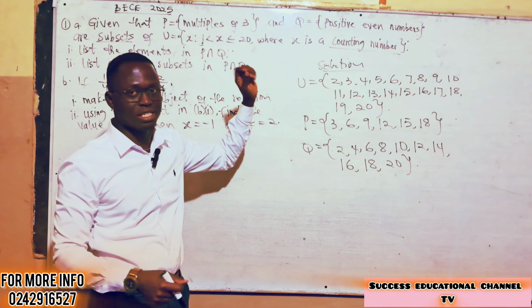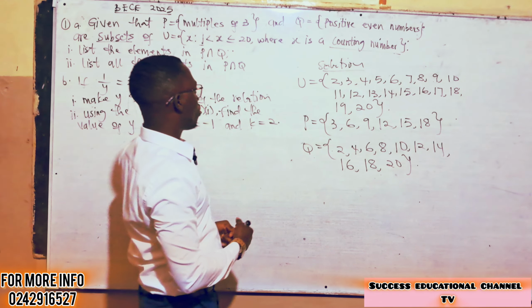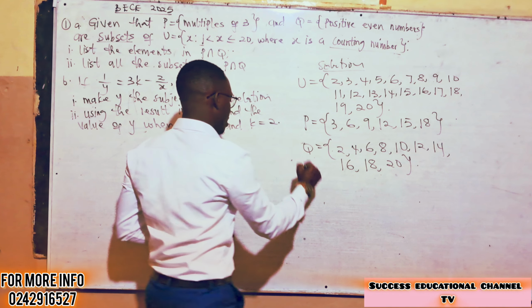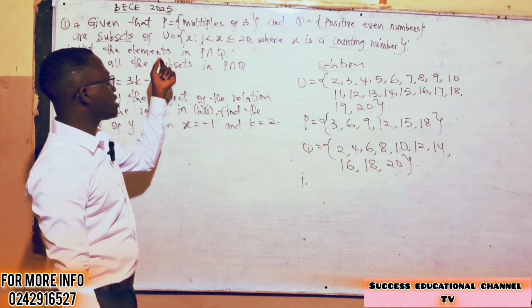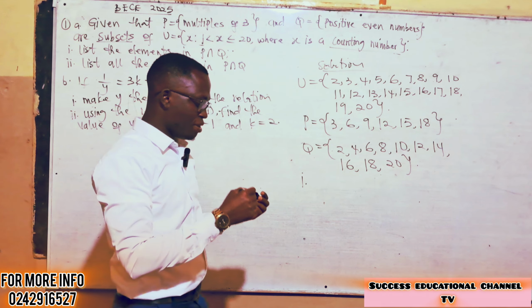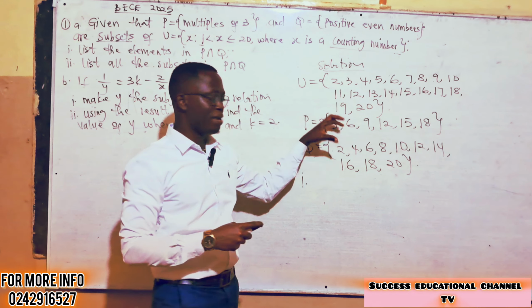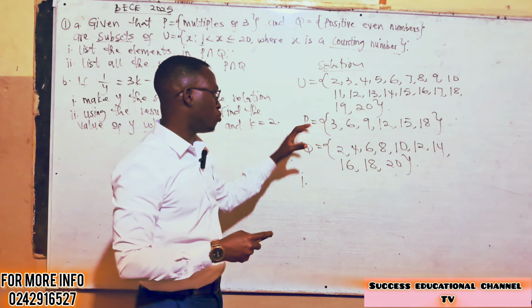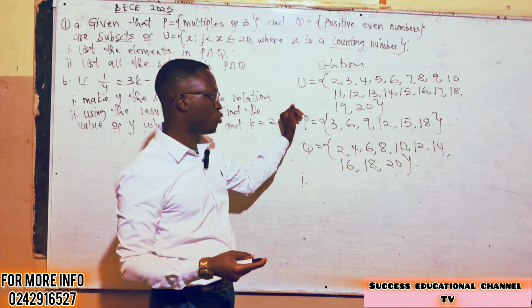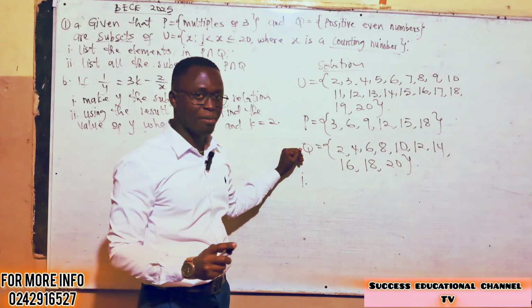Once we are through with listing the elements of both sets, that's set P and set Q, which are subsets of the universal set, we can now answer our questions in peace. I says we need to list the elements in P intersection Q. Intersection simply means elements that are common to both sets, elements that can be found in P and also in Q at the same time.